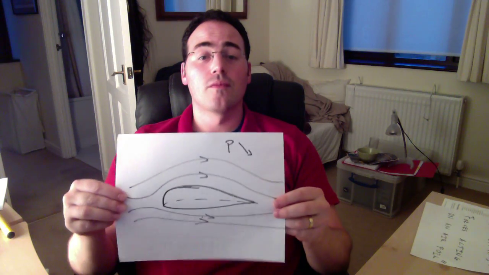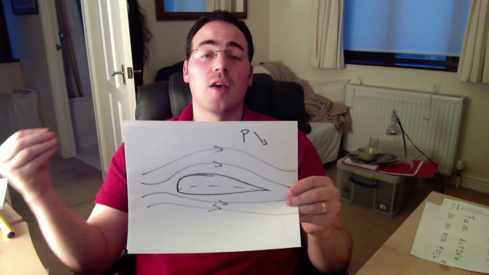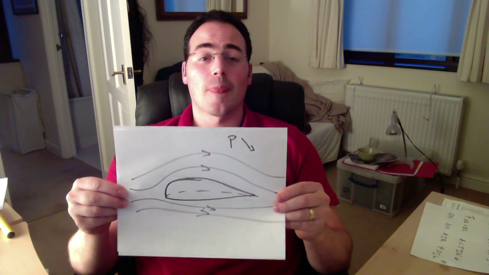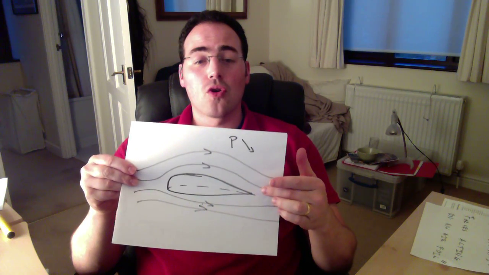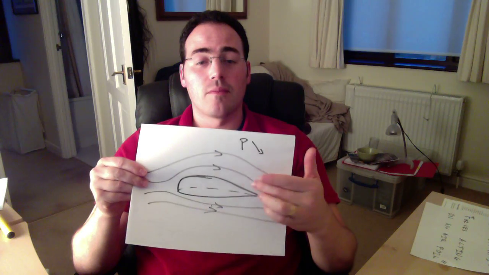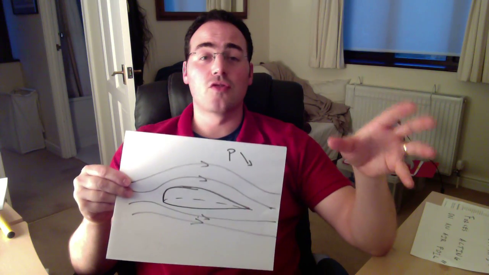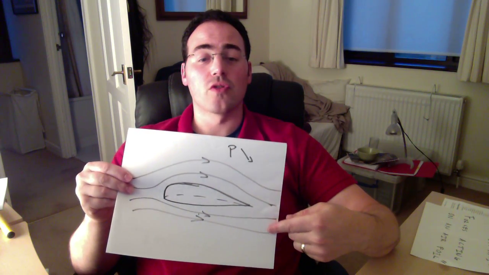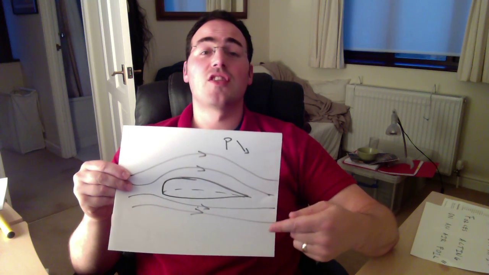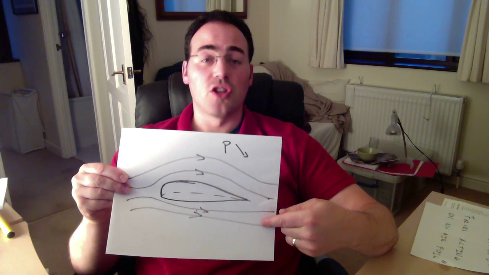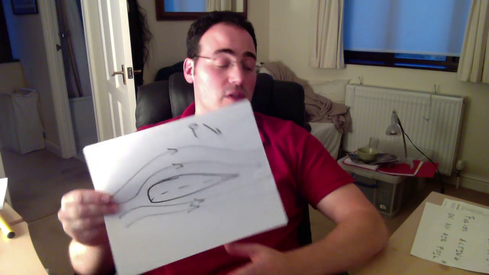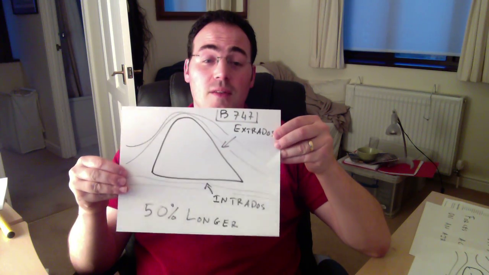So that's Bernoulli's explanation. The problem with that, if you calculate using Bernoulli theorems how much longer the top part of the wing, the extrados, needs to be versus the intrados for a Boeing 747, you do end up with a wing which looks like that.